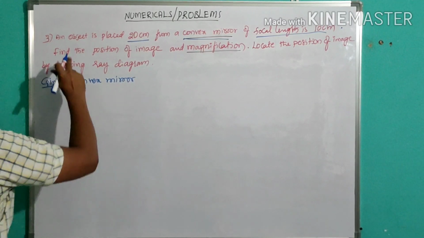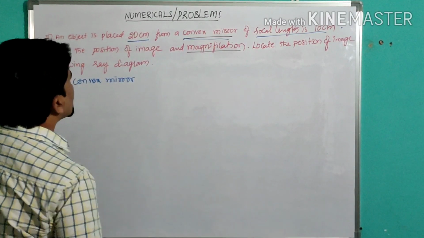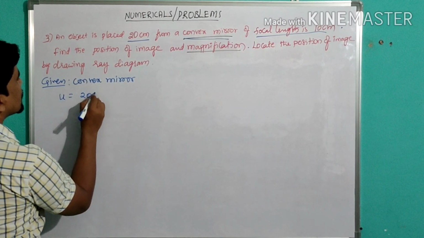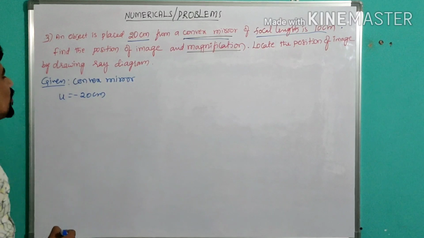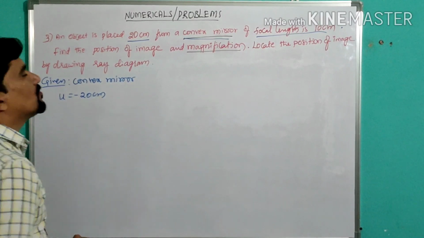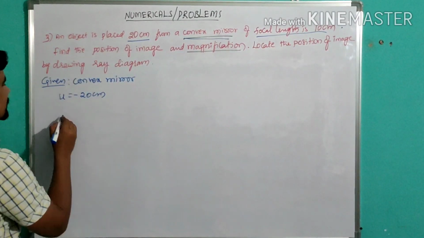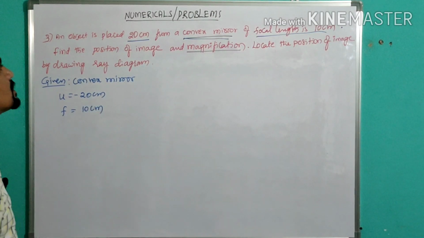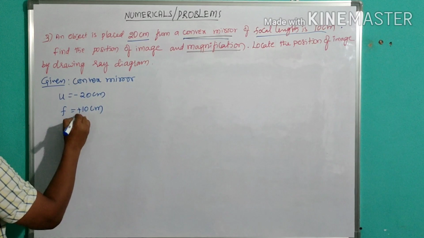An object is placed 20 centimeters, which means object distance is given, that is 20 centimeters. Object distance is always negative. Focal length is 10 centimeters. Focal length for a convex mirror is positive.